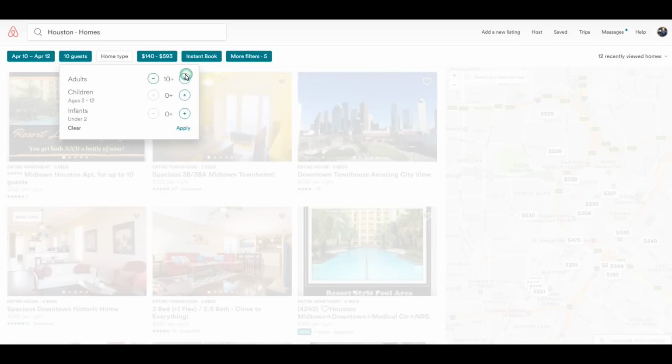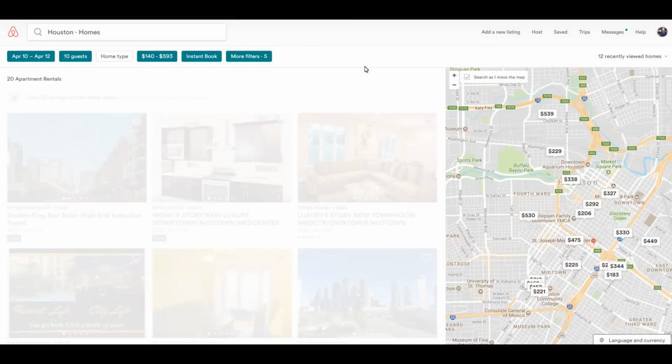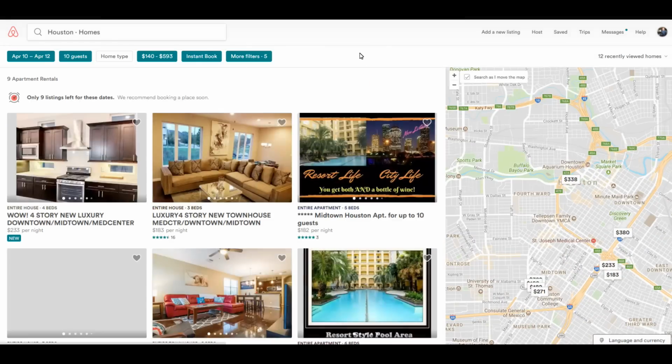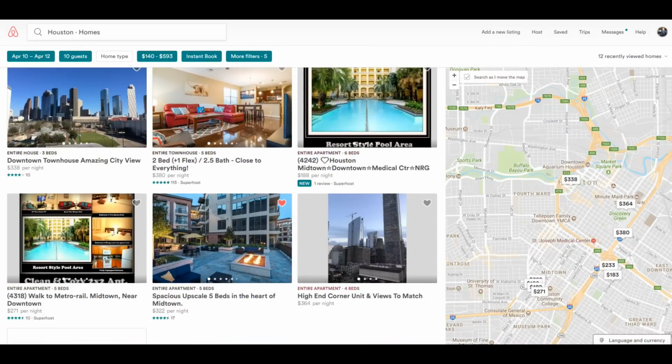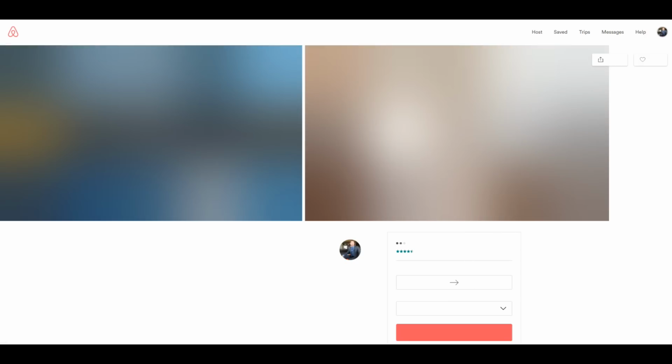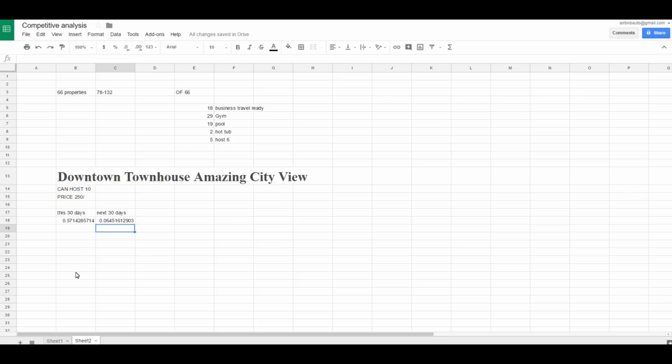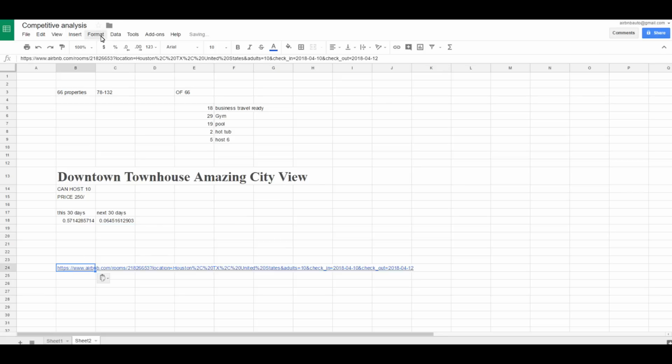Bang. Okay, here we go. So now here's mine, and let me show you this one. So this one can occupy 10. This is a 2-bedroom. I put queen-size beds in each room, actually 2 queen-size beds in each room, and then I've got a pull-out sleeper sofa.